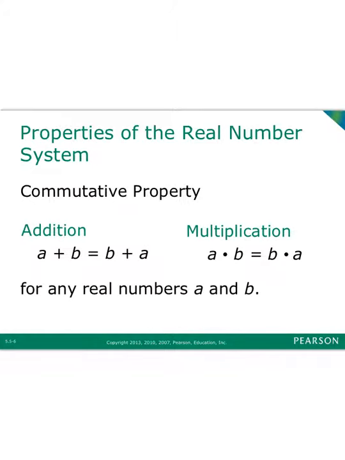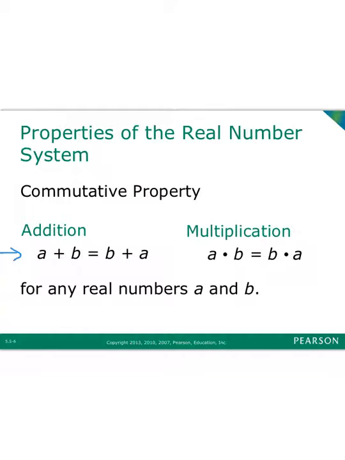So now we're going to talk about some other properties that are algebraic in nature. The first one is called the commutative property. What I call it is the rearranging property. For addition, if I have a plus b on one side of the equation, I can rearrange that to be b plus a.